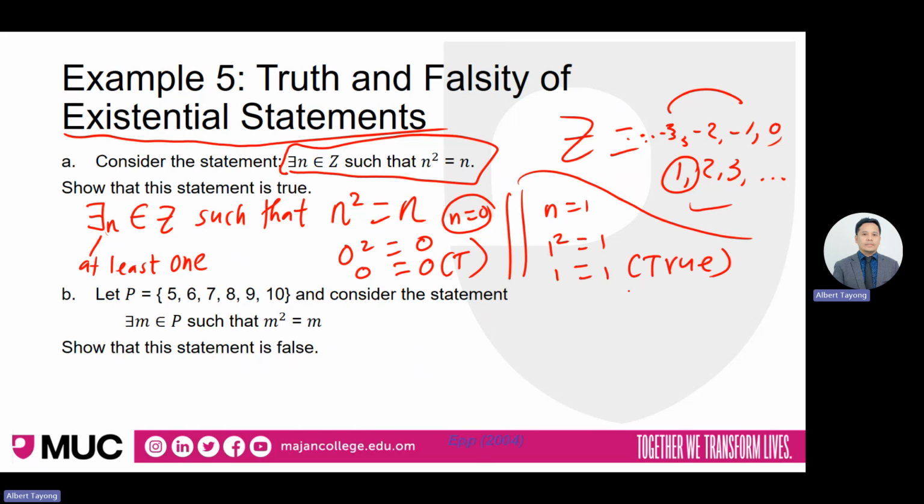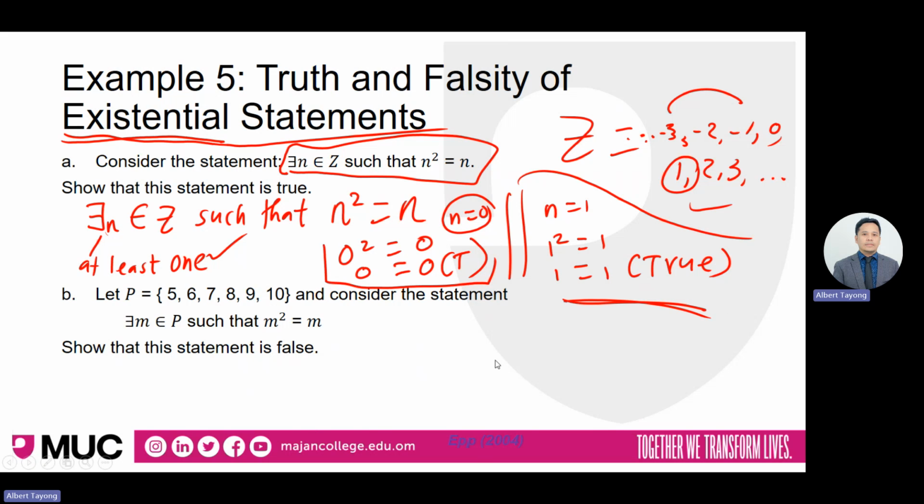So in fact, we have 2 here. So the statement is true. Right? Because in existential, we have to get at least 1 only. So even using only this 0 is enough to prove that it is true. I'm just giving one more example.